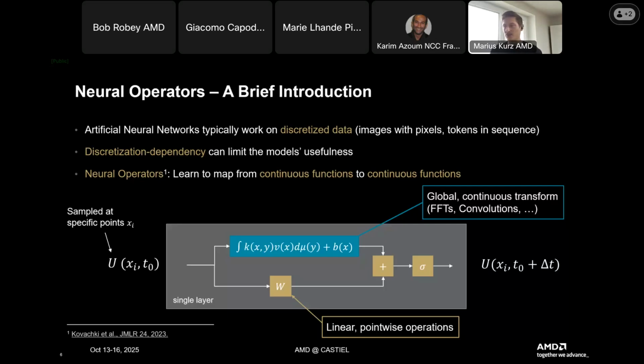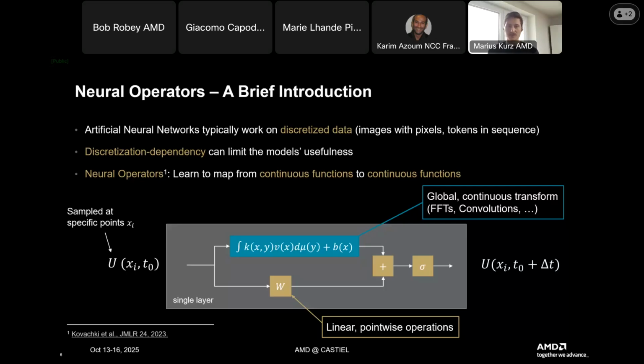And the other major operations, shown here in blue, are global continuous transformations. And there you have a lot of choices for what you want to do. Typical choices: you use a Fourier transform, here shown as FFT. You can do continuous convolutions, so not discrete ones like you use in convolutional neural networks, but instead continuous ones, using kernel functions, for instance.